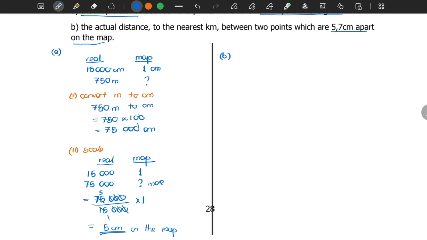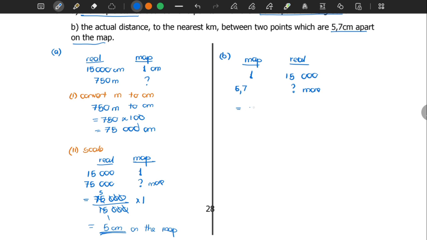So part B. We know that according to scale, for every 1 centimeter on the map, the real distance is 15,000 centimeters. But now if something is 5.7 centimeters, what is it on the ground? That's going to be more, right? More than 15,000 because only 1 centimeter represented 15,000. But now we're 5.7 centimeters, so we expect to get more.